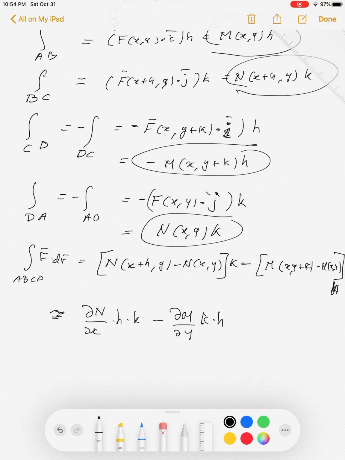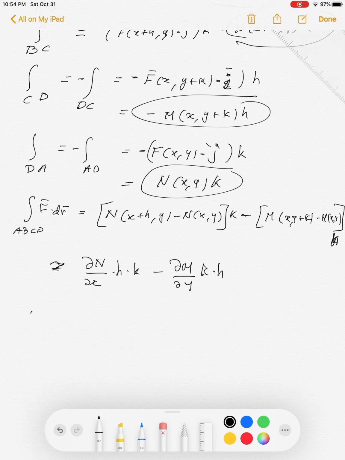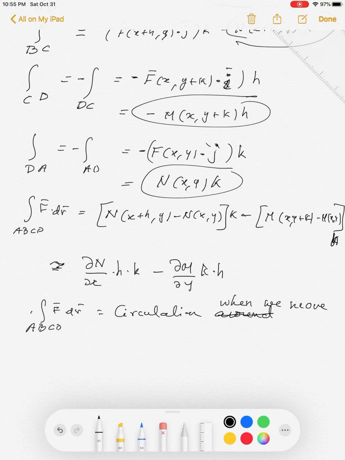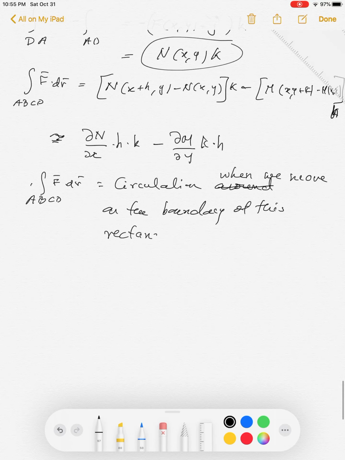So this integral of f bar dot dr bar is what you would like to call the circulation as you move in this loop, the circulation when we move on the boundary of this rectangle.